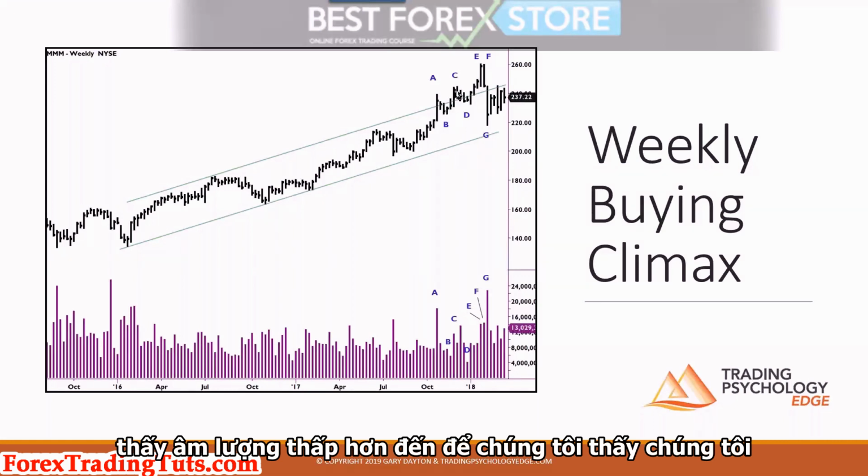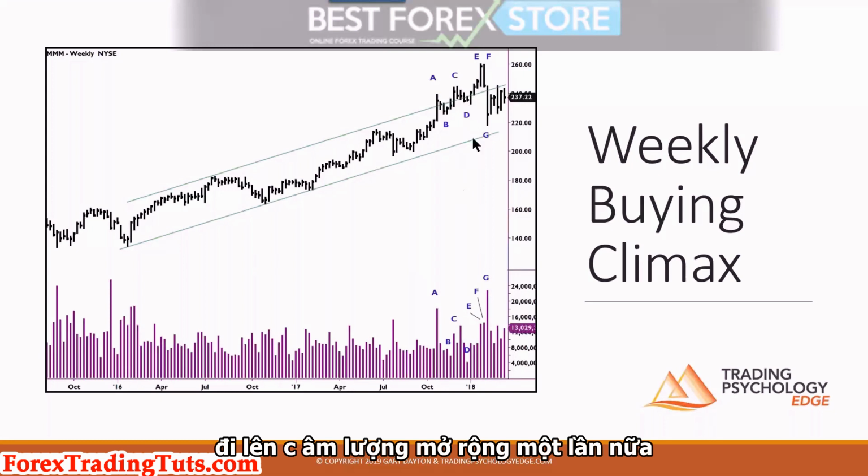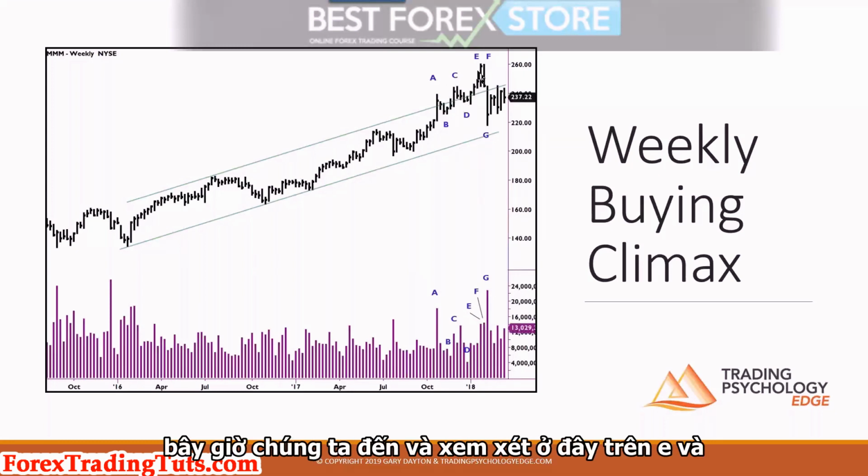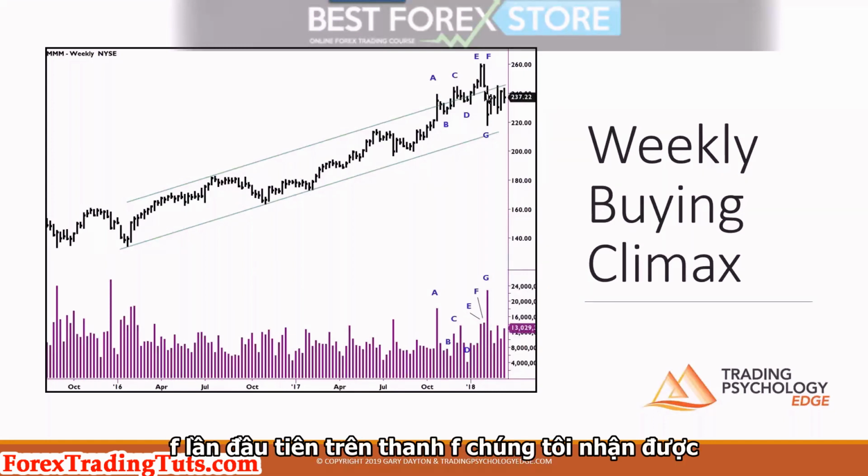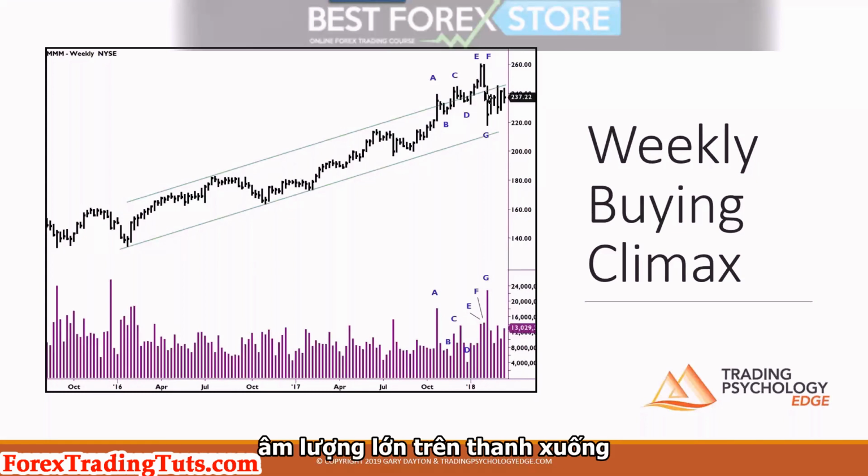So we go up to C, the volume expands again. We come down, volume drops off. Now we come up and look at E and F. For the first time on bar F, we get high volume on the down bar. Okay, that's the change of behavior right there. Until that point, we are continuing to go up.